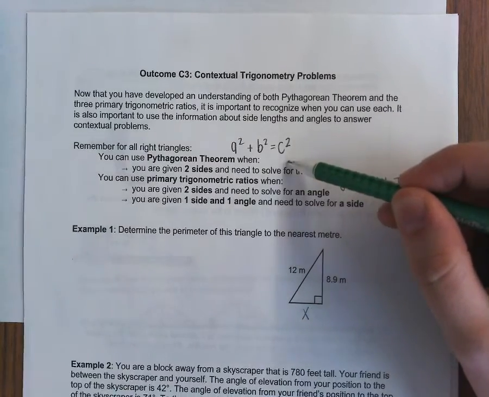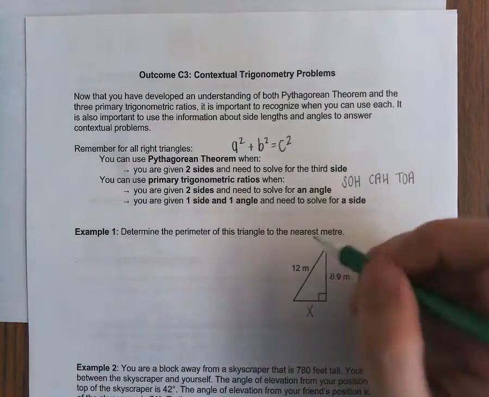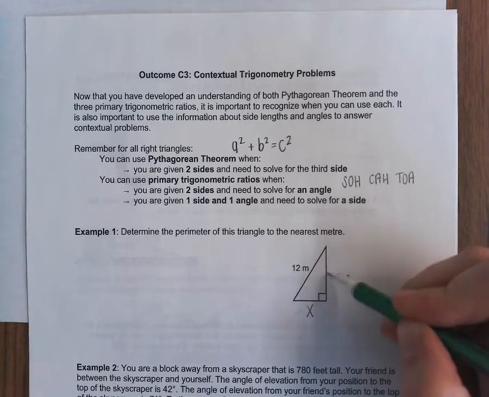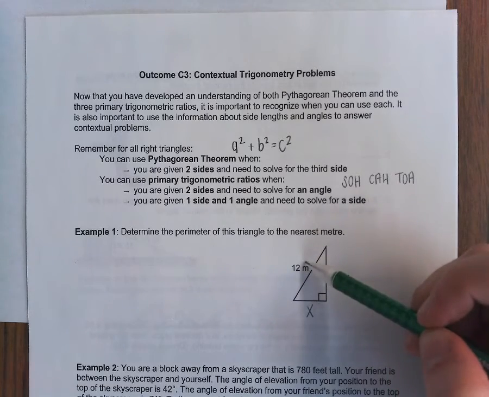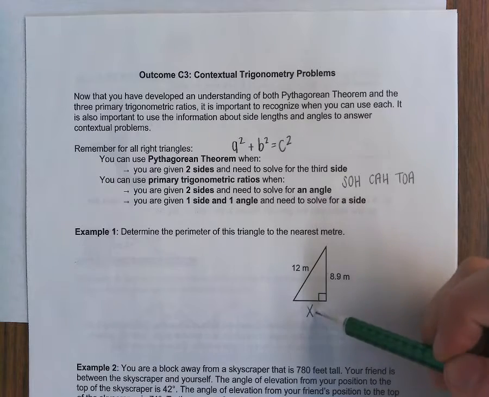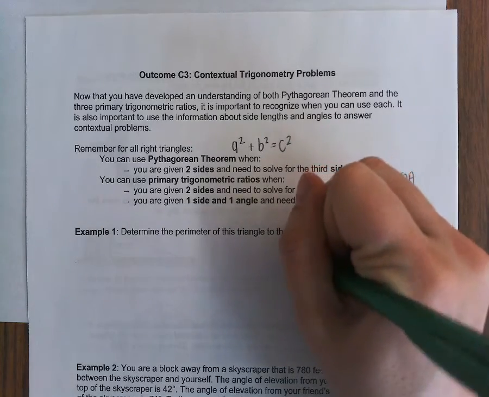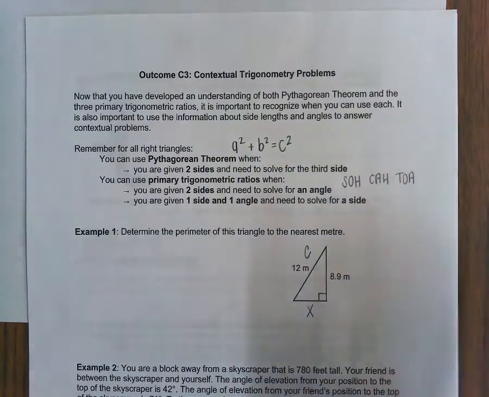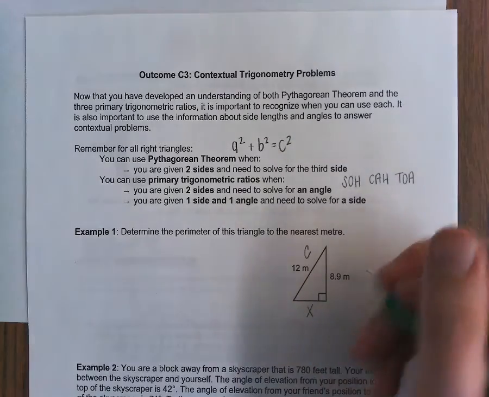So in this case, remember in Pythagorean theorem, we have the hypotenuse and the two legs. So here, because I know the hypotenuse, and I'm solving for a leg, I'm going to use a modified version of the Pythagorean theorem. So this is C, and then these are sides A and B. Doesn't matter which side is which.